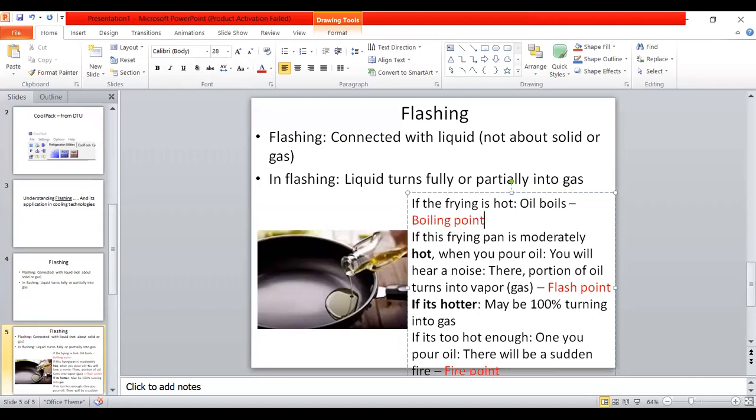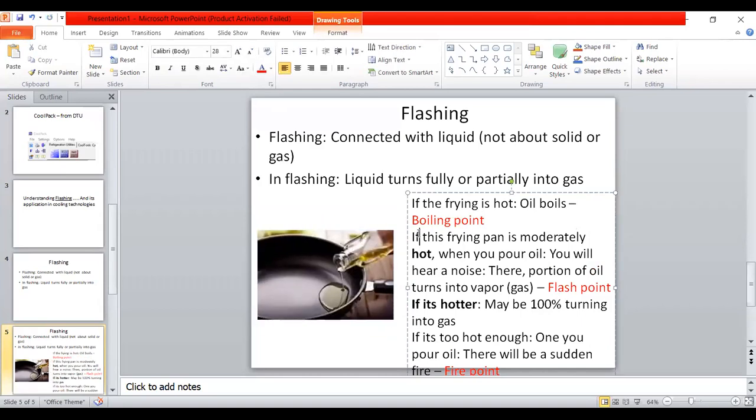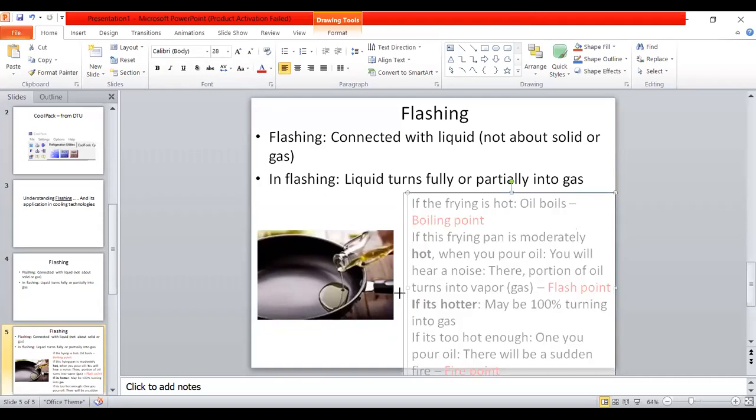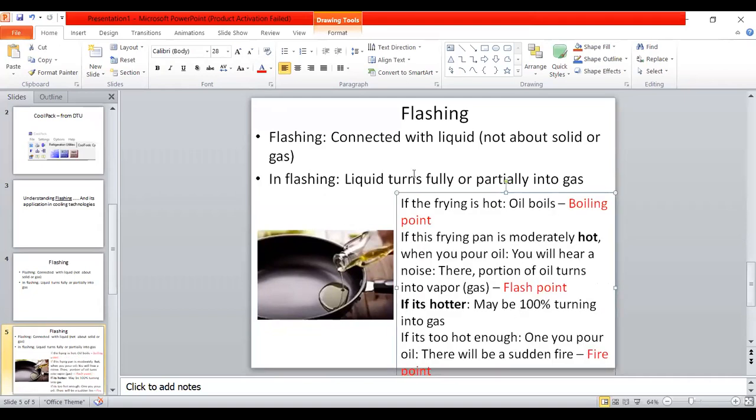Boiling point is very important because sometimes at freezing temperatures, for some fuel or even oil, the properties can change. Okay, that would be an issue.